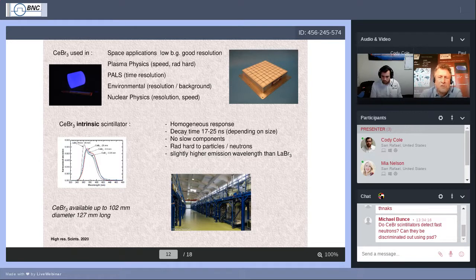For fast neutrons, we usually use special plastics that can be coupled to digital MCAs to do pulse shape discrimination, like EJ276, or we use materials like stilbene. With both those materials, stilbene and EJ276, you can do pulse shape discrimination, separating the neutrons from the gammas.